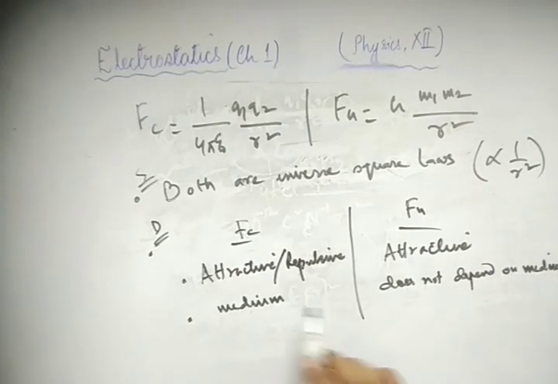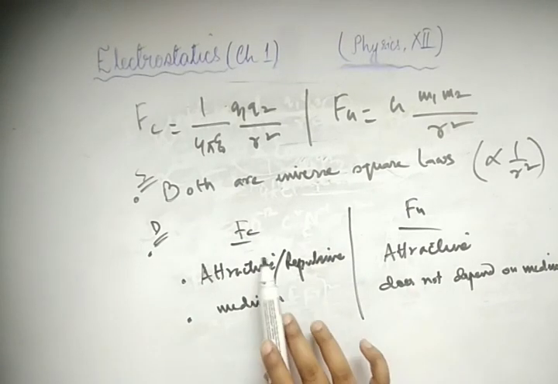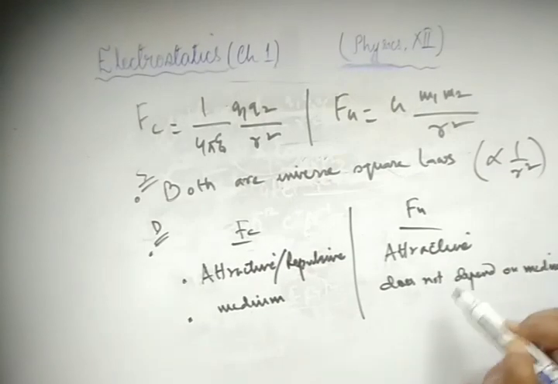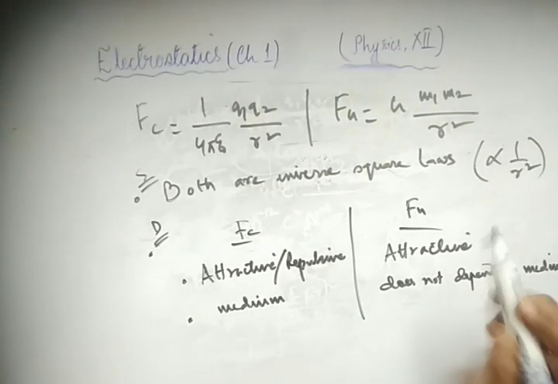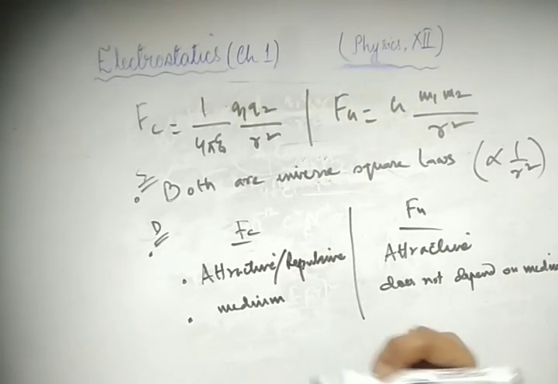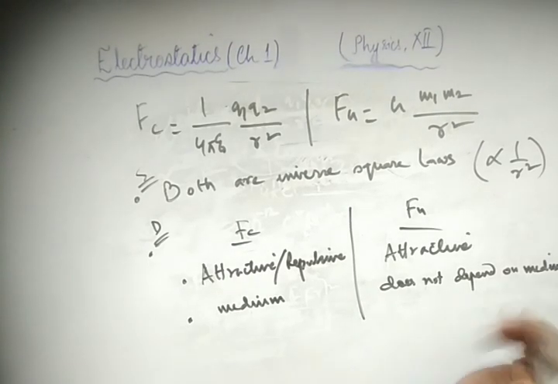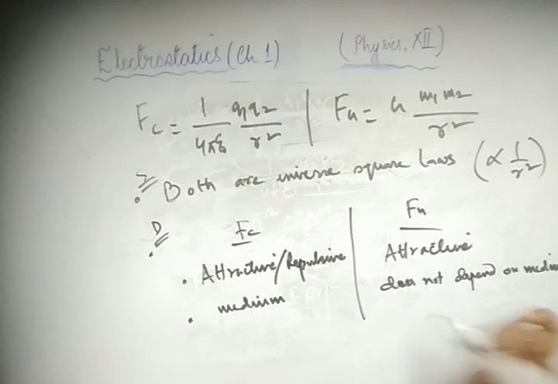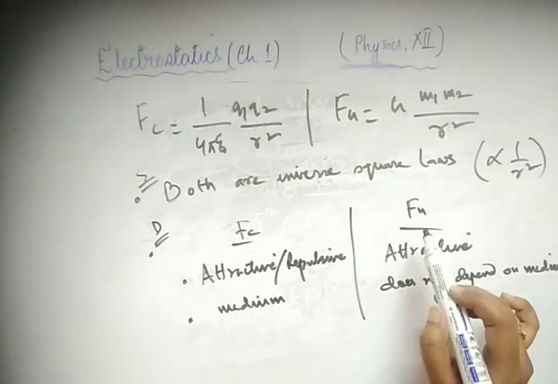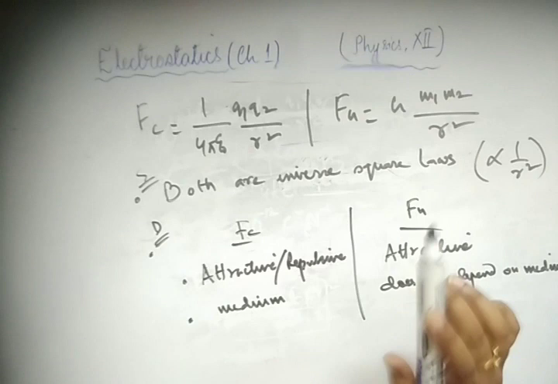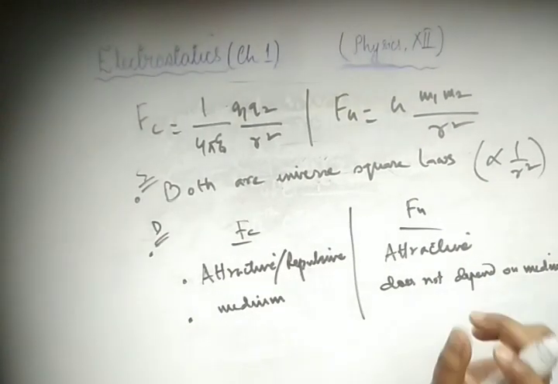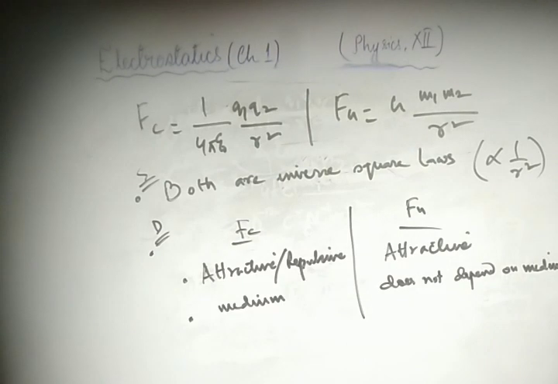You saw that when we changed the medium, the Coulombic force decreased by a factor of K. But it does not happen in case of gravitational force, whether you take it inside water or in space or wherever, the gravitational force between two bodies does not depend on the medium. F will remain the same if the two bodies are the same, no matter where you take the bodies. So this was the difference.